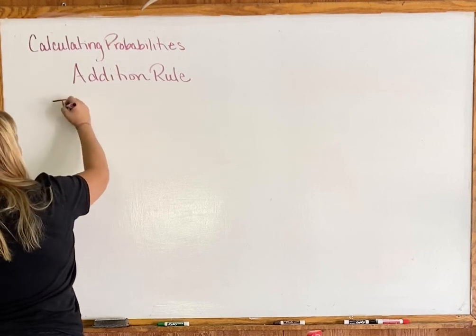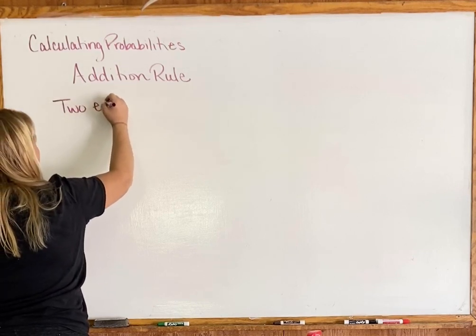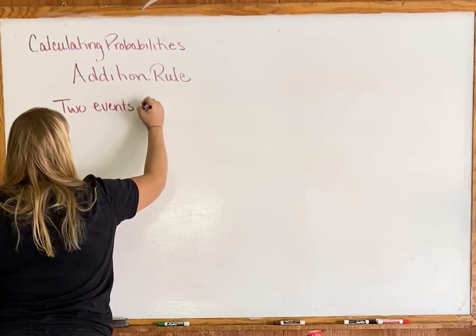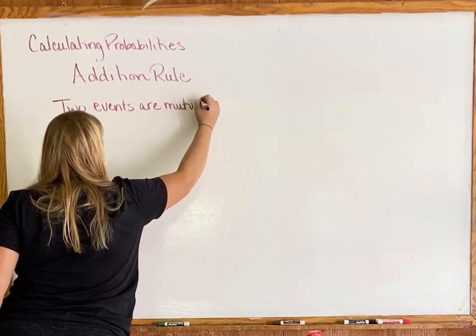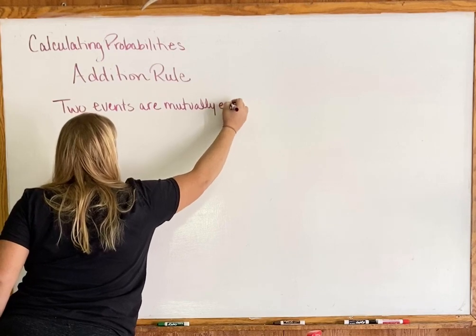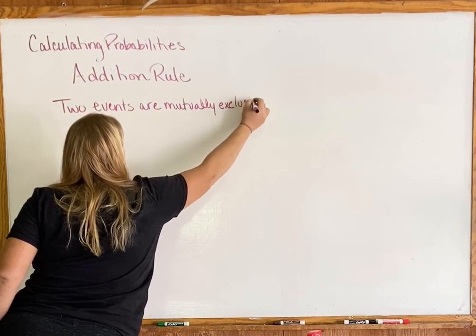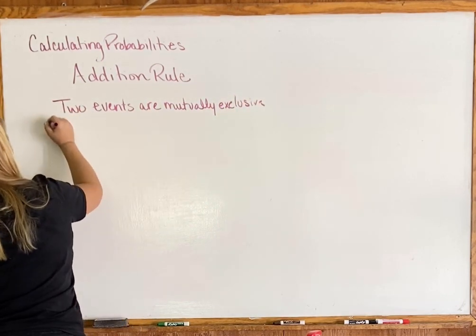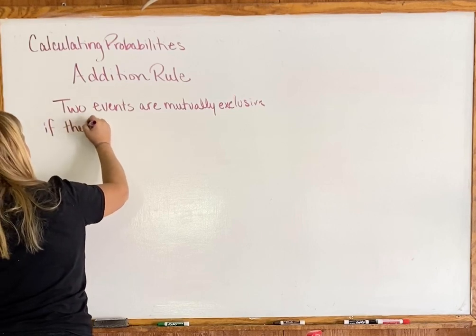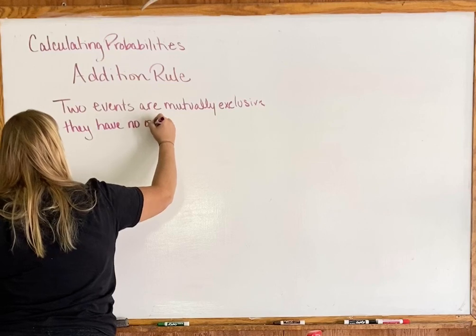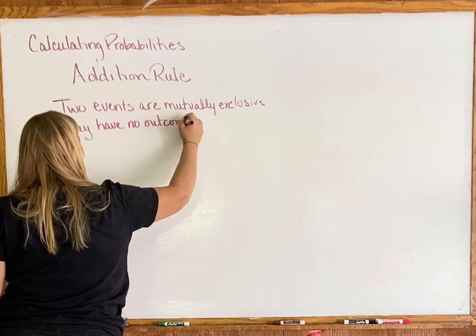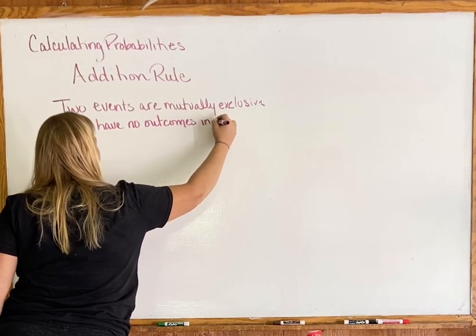So we say 2 events are mutually exclusive if they have no outcomes in common.